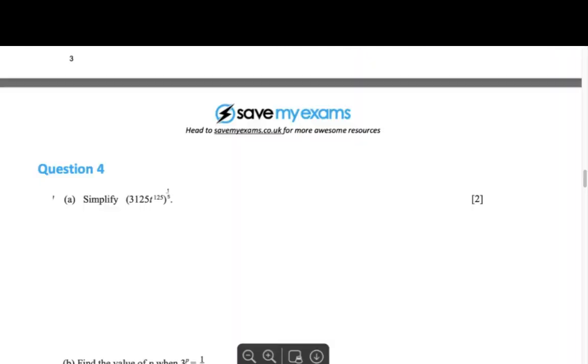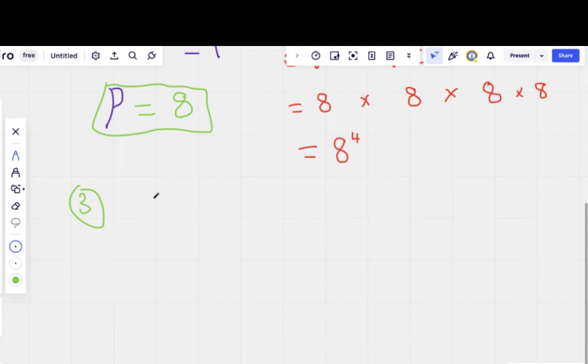Number 3, we have 3125, t raised to power 125, every t raised to power 1 all over 5. Then we say t raised to power 125. Then everything raised to power 1 all over 5.